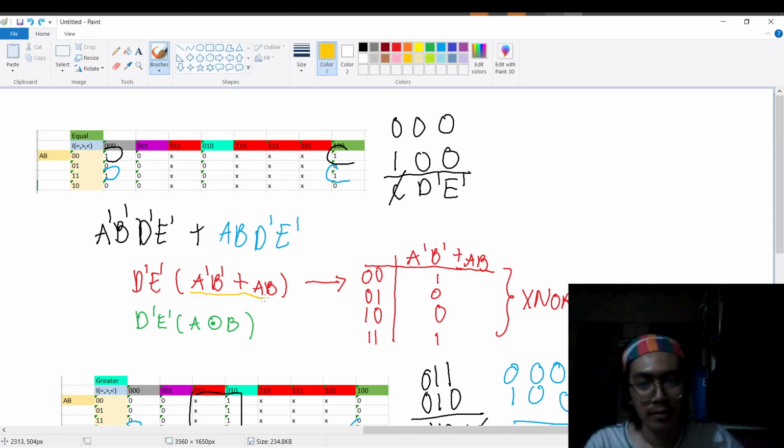And we have this as the remaining operation inside the parentheses, and you can see that if we lay out the truth table for this expression, it mimics the operation of an XNOR gate. So we simply convert this into an XNOR with this symbol. So our final equation for the case for the equality is D prime E prime and A XNOR B, which is seen right here. So that is for our equality.